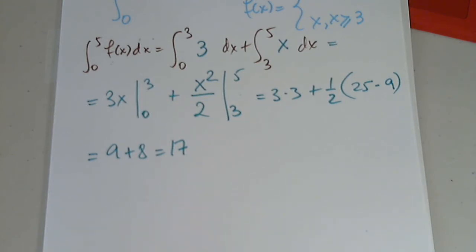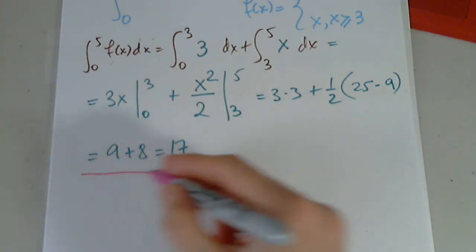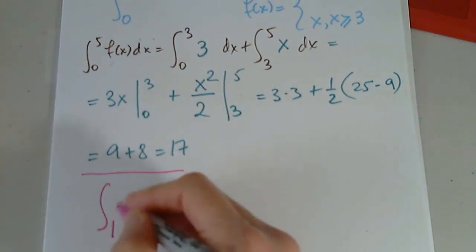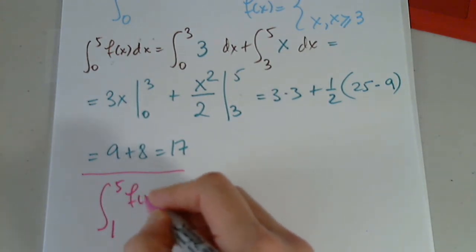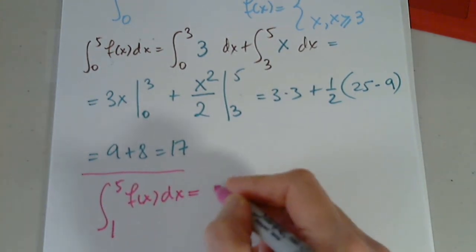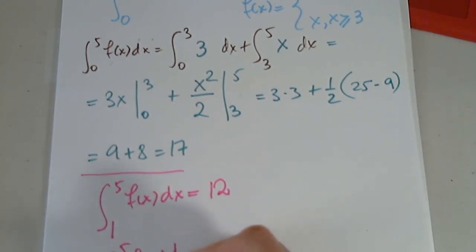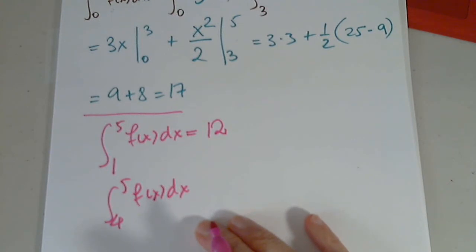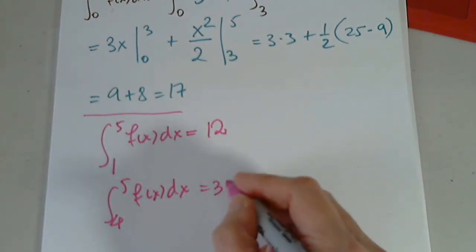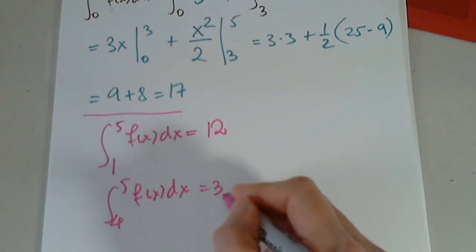Okay, let's also look at something like this. The integral from 1 through 5 of f of x dx, they are telling us it's 12. Also, the integral from 4 to 5 of f of x dx is given to us as 3.6.